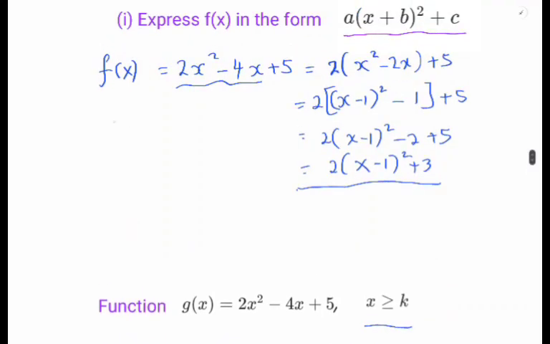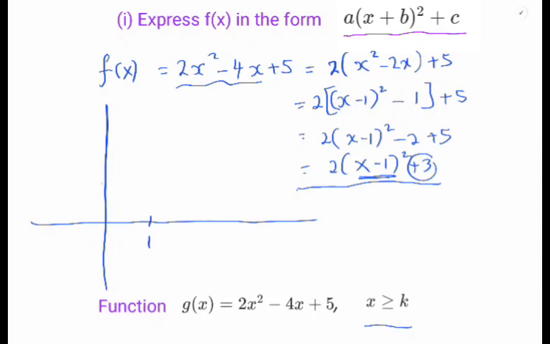Let's say, just for discussion, x equals 1 here. When x equals 1, it is 3, so that is the turning point. So your graph will be something like this. So it's not a 1:1 function here.